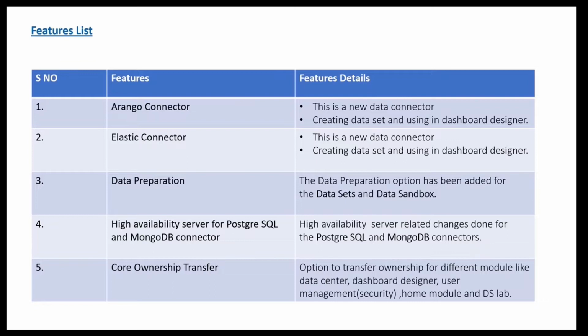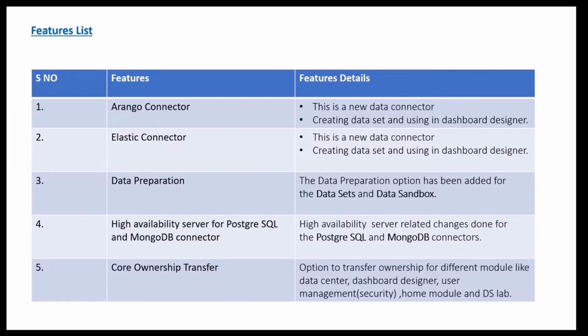The next is data preparation. Now, the data preparation option has been added for the datasets and data sandbox as well. The fourth feature is the high availability server for the PostgreSQL and MongoDB connectors. Here, high availability server related changes have been done for the PostgreSQL and MongoDB connectors.